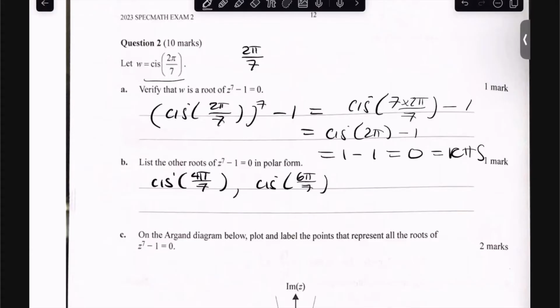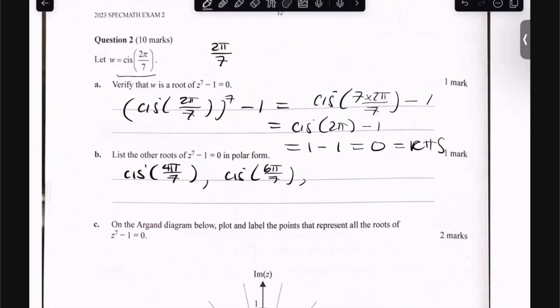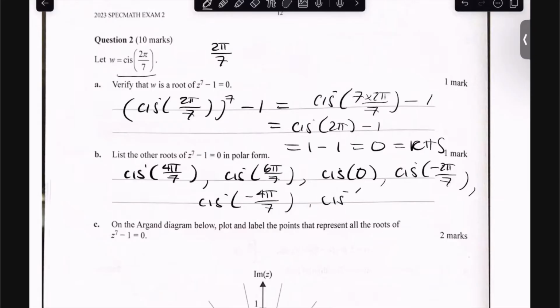You can't have anything more than that because you'll go over the principal argument. So now you go from 2 pi on 7 and minus 2 pi on 7, so you've got cis of 0, then cis of negative 2 pi on 7, cis of negative 4 pi on 7, cis of negative 6 pi on 7. 1, 2, 3, 4, 5, 6, and our 7th is there.